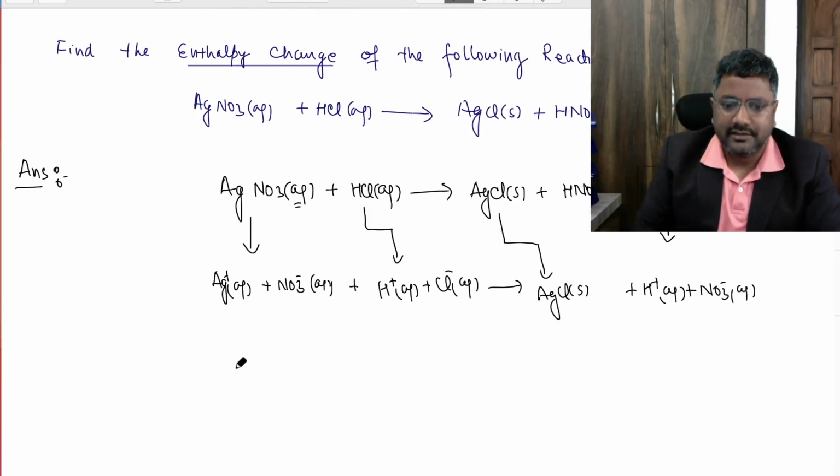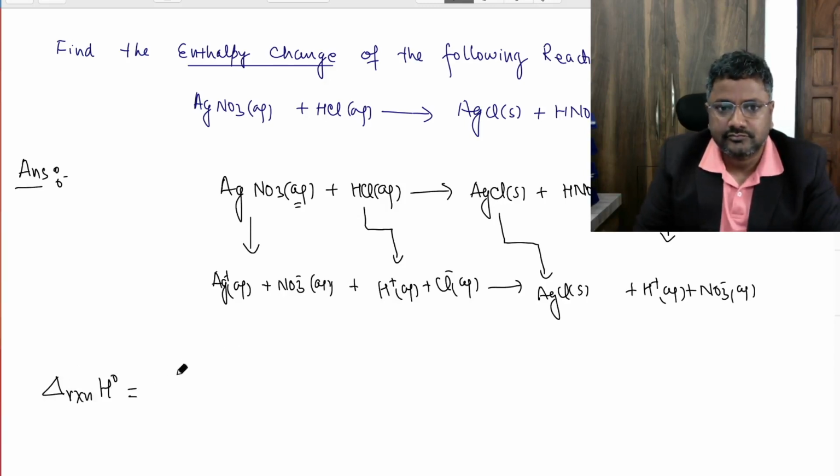Now you can write delta H naught of reaction is equal to: I'm taking first this AgCl, 1 mole multiplied by delta H naught formation of AgCl, right?